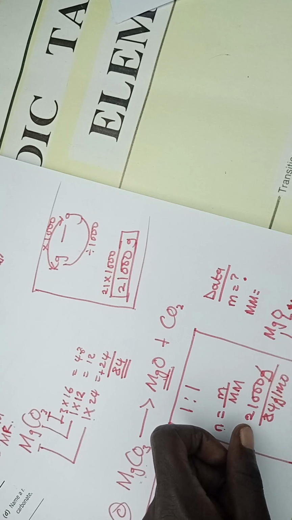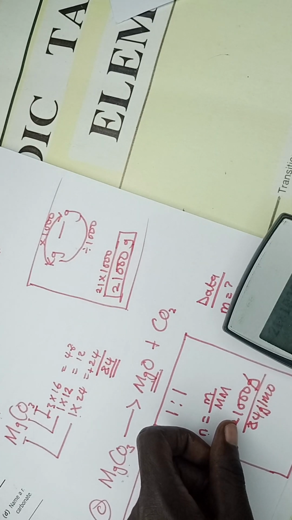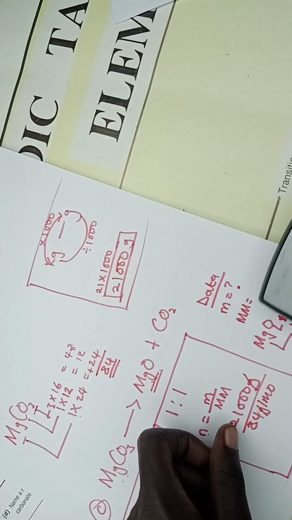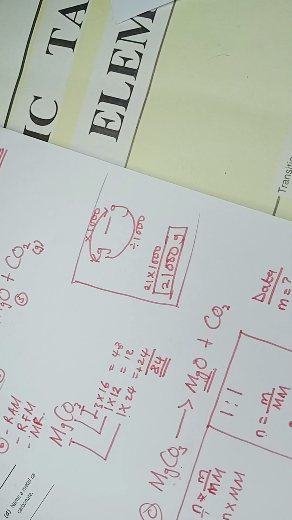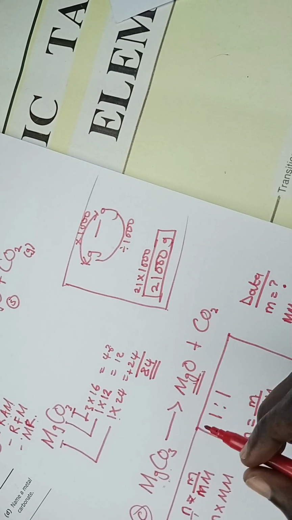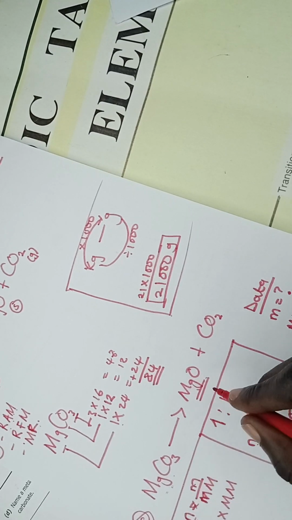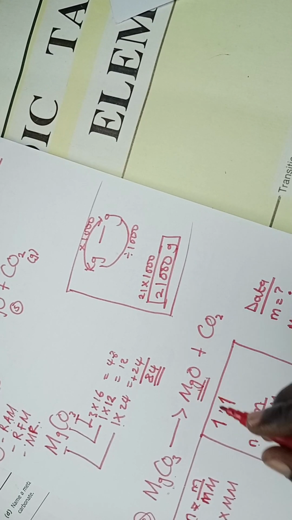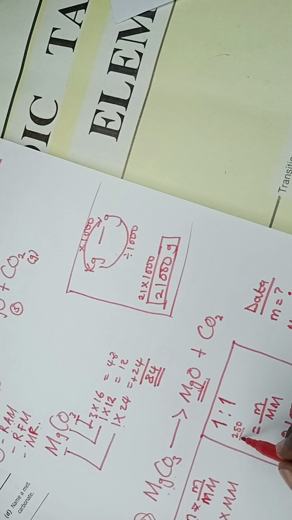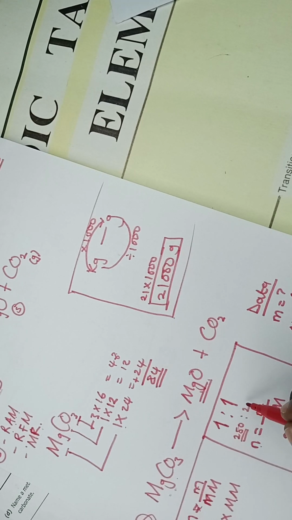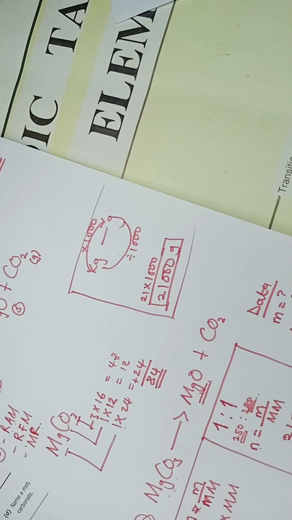The gram and the gram cancels. This number divided by 84 should give us 250. So the number of moles is equal to 250 moles of magnesium carbonate. Now, since the mole ratio says that 1 mole of magnesium carbonate decomposes into 1 mole of magnesium oxide, then 250 moles of magnesium carbonate would produce 250 moles of magnesium oxide.